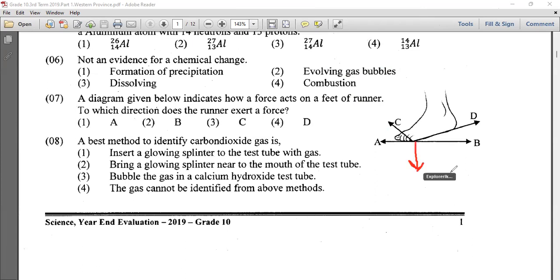Is it vertically exact down, or is the weight slightly angled? Weight is not that inclined, but it could be inclined a little because of his body position. Because of his inclined nature, he would be applying a force backward onto this direction, right? So if so, the reaction would be in this direction.